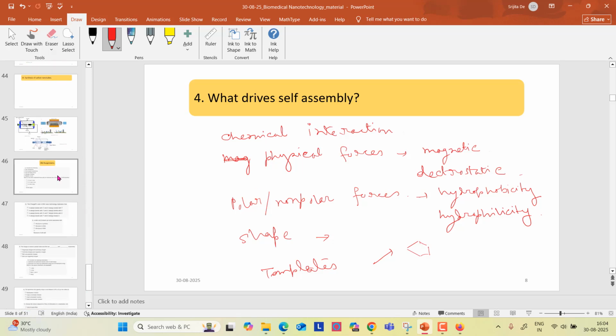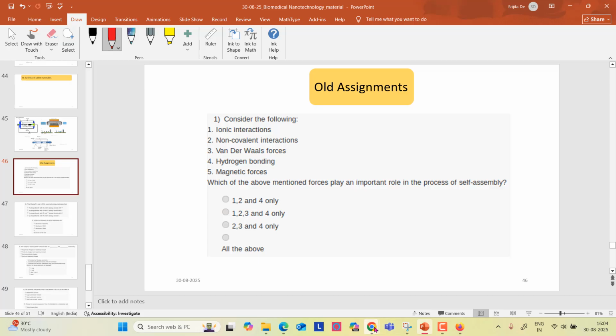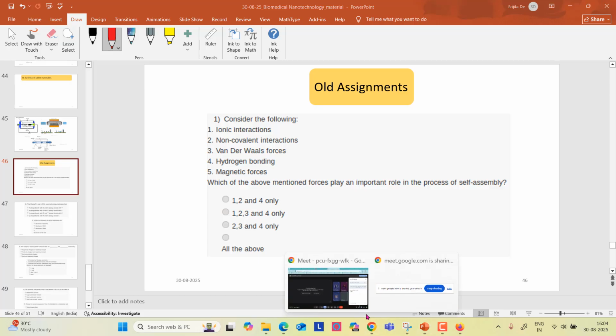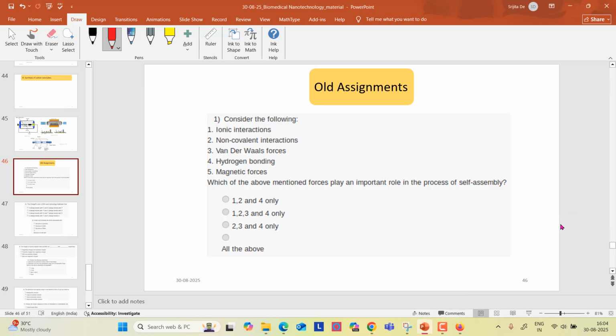Do they play an important role? Yes, magnetic force also plays an important role sometimes, but not always. The non-covalent interactions and van der Waals forces are mainly functional here, but sometimes magnetic force can also play a role. Okay, so we have to go for all 4 because of the option given here, so it will be all of the above.